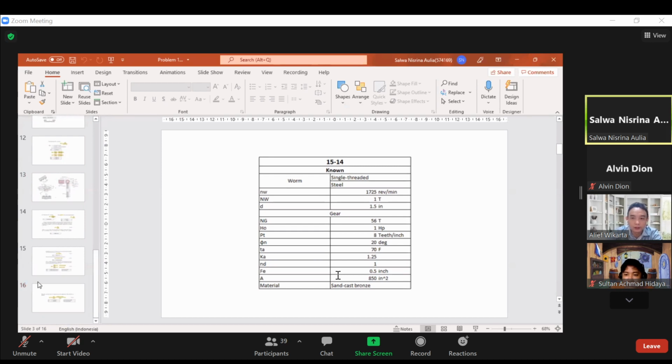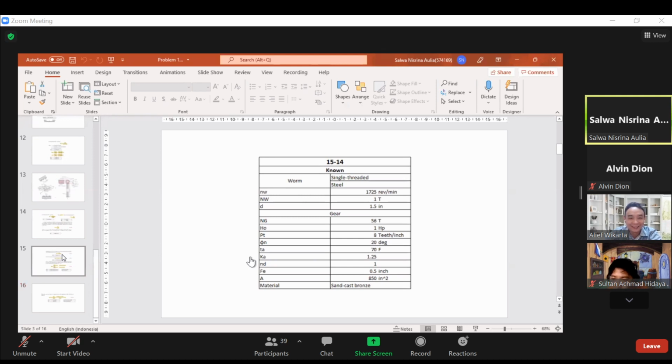Coba lihat di Google ya. Google says 21. Google said to me 21, Pak.